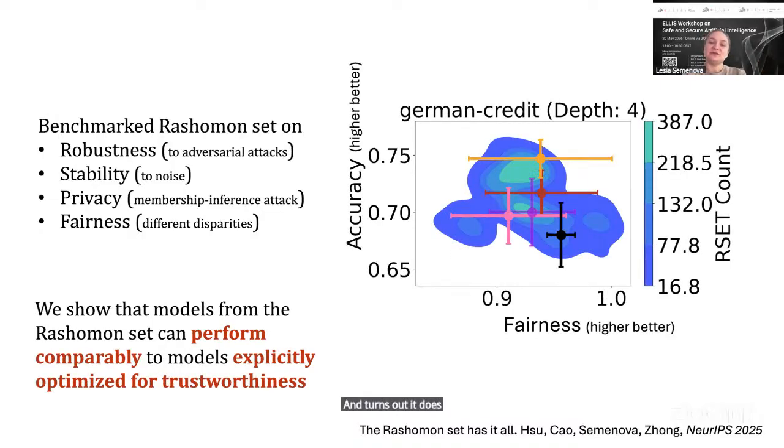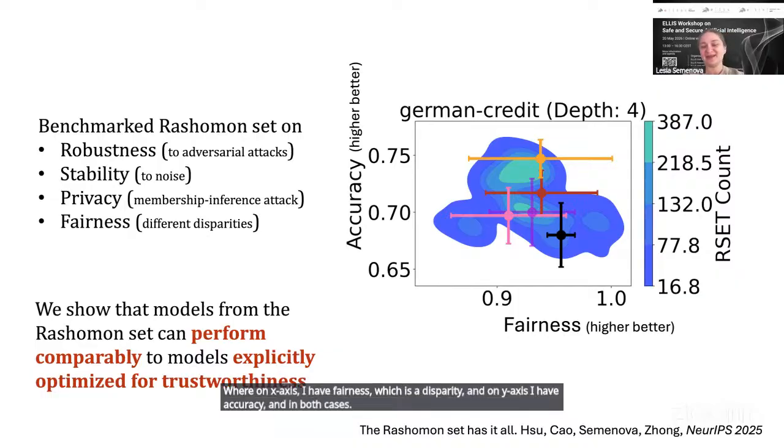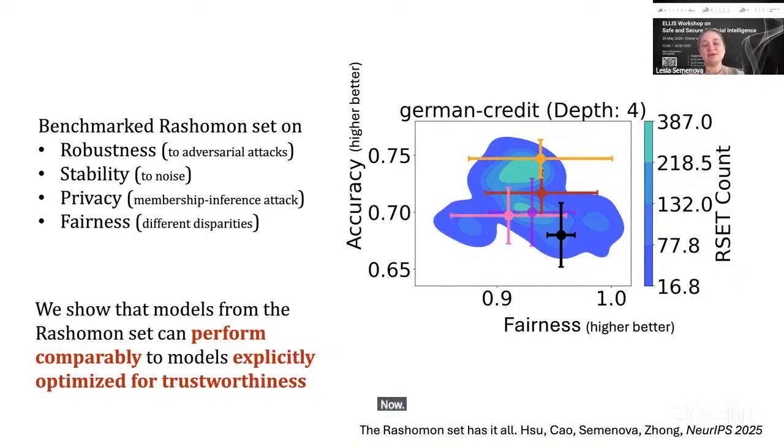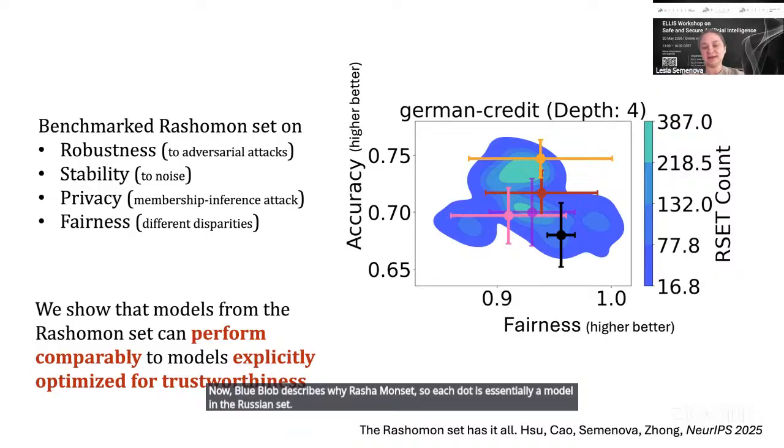So here is a visualization based on the benchmark German credit data set, where on the x-axis I have fairness, which is a disparity, and on the y-axis I have accuracy, and in both cases higher is better. Now the blue blob describes my Rashomon set, so each dot is essentially a model in the Rashomon set, and we show accuracy and fairness here, and each of the colorful dots describes my different methods.